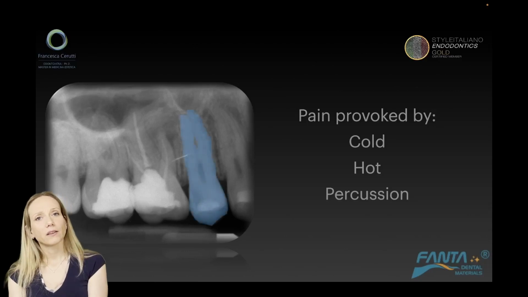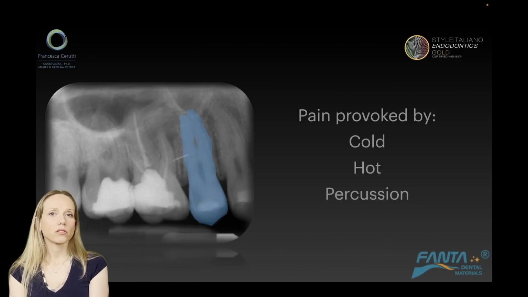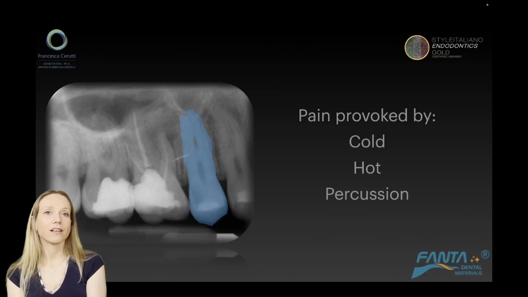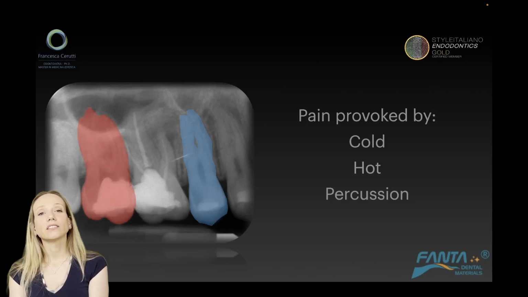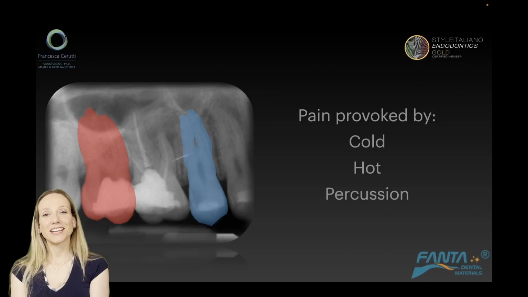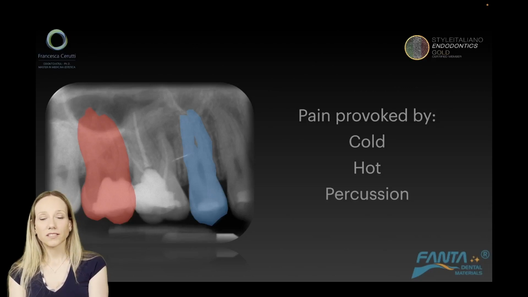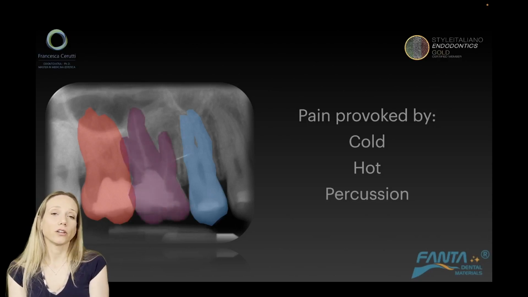The pain provoked by cold is the second premolar, because there's vital inflamed pulp in it. The pain to hot is the second molar that had been opened in some way but had not received the correct endodontic treatment. And the pain to percussion is the first molar because there is a lesion.